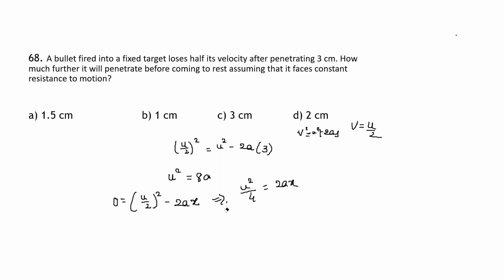If I take it on the other side, it becomes plus 2ax. Then u square is equal to 4 into 2, it is 8a into x. But see here, from the earlier equation we have u square is equal to 8a, that is 8a is equal to 8a into x, so x is equal to 1. So the correct option is option B, 1 centimeter. Option B, 1 centimeter is the correct option.